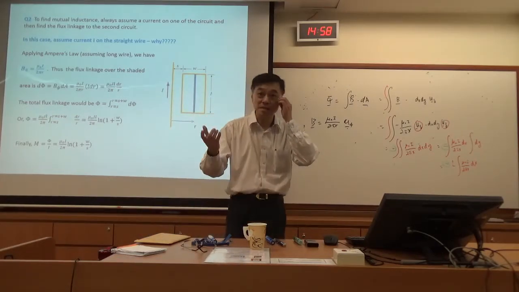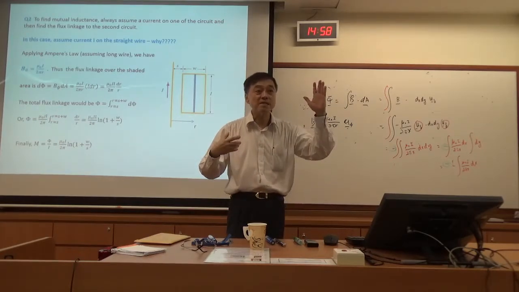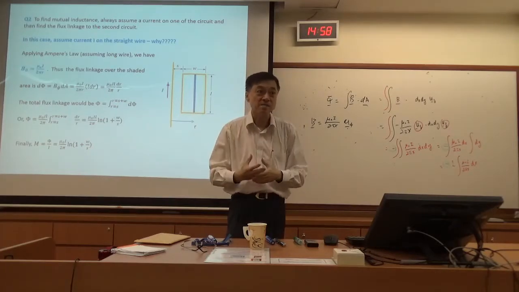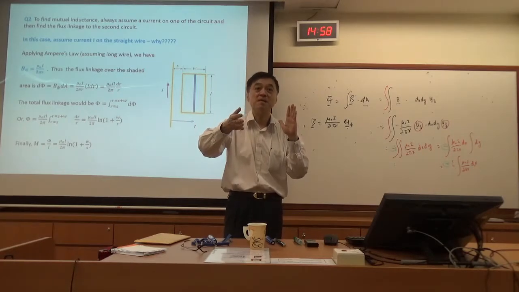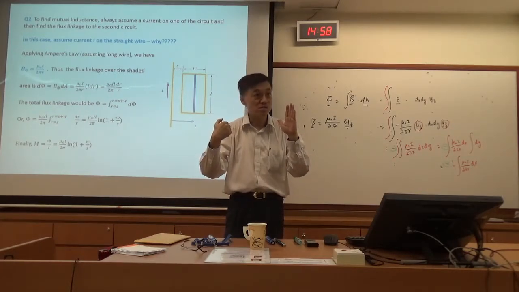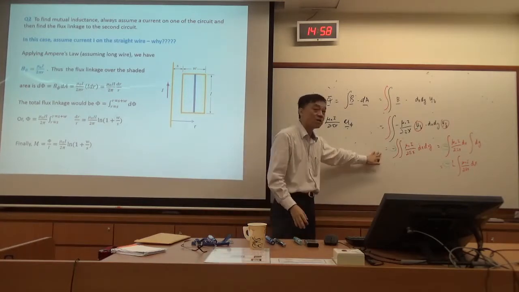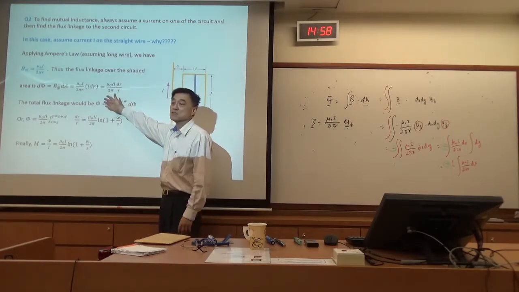But does it matter? Inductance is equal to the flux per current. Whether the flux links in this direction or that direction, it is still flux. So there is no issue, and at the end we can just ignore this minus sign, and we can ignore the sign here straight away.